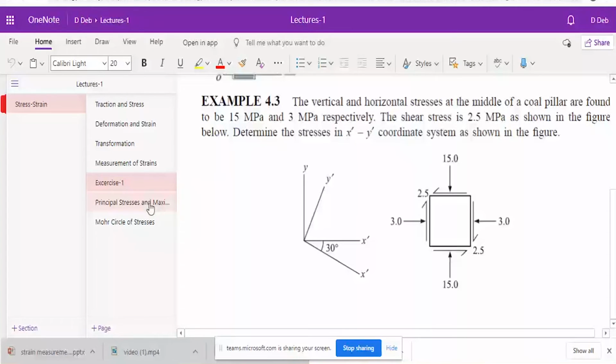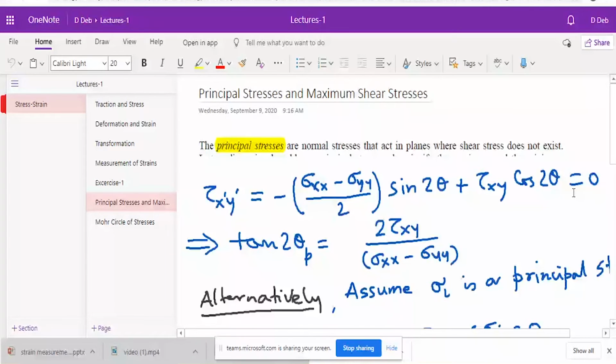I can directly put it equal to zero, and then I find theta p, p meaning the principal plane. I can actually calculate the angle from the x-axis. So it is basically tan 2 theta p equals 2 tau xy over sigma xx minus sigma yy. Okay.